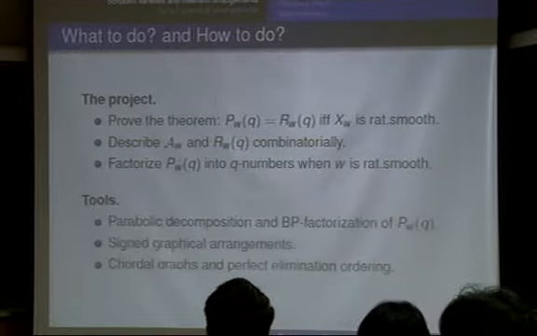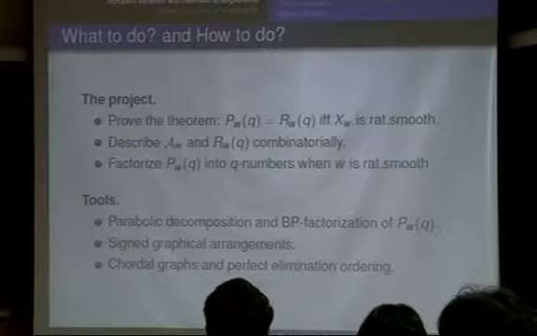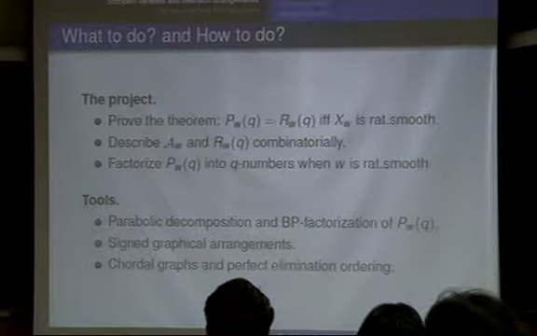The tools to prove these things are essentially the combinatorics of Coxeter groups, of Weyl groups, especially the parabolic decomposition and something called BP factorization of the Poincare polynomial. I will explain briefly later.